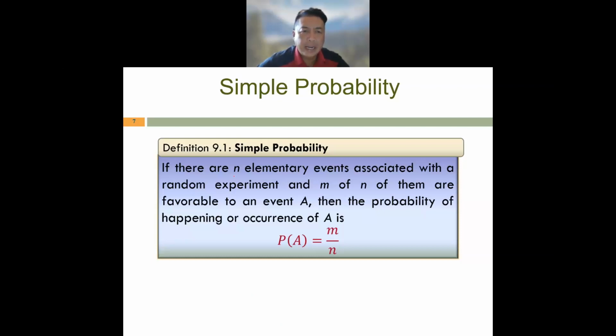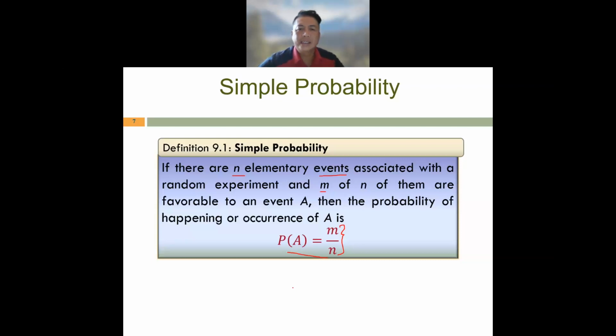If there are n elementary events associated with a random experiment, and m of n of them are favorable to an event A, then the probability of occurrence of A is m over n.